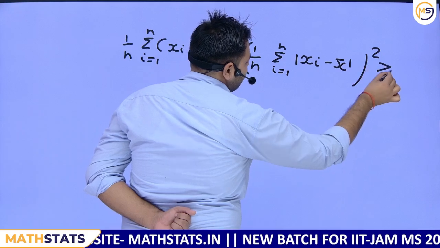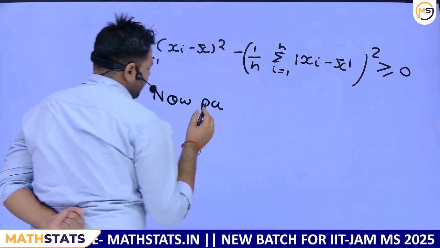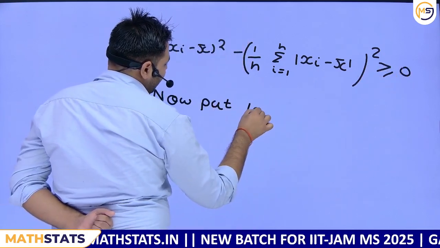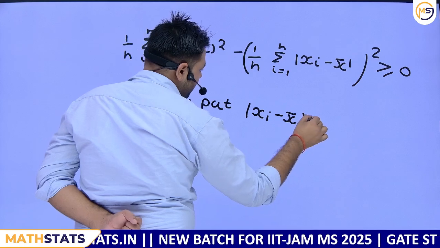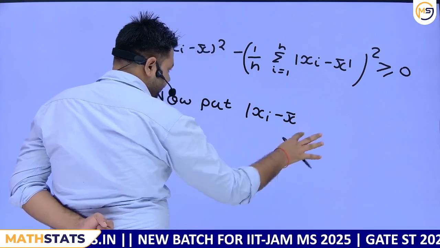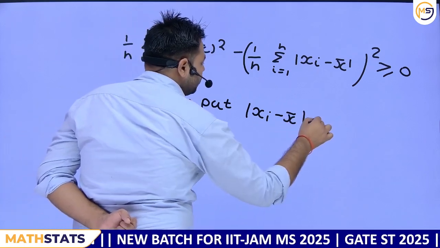Remember one thing, this is greater or equal to 0. Now put mod of xi minus x bar equal to zi.